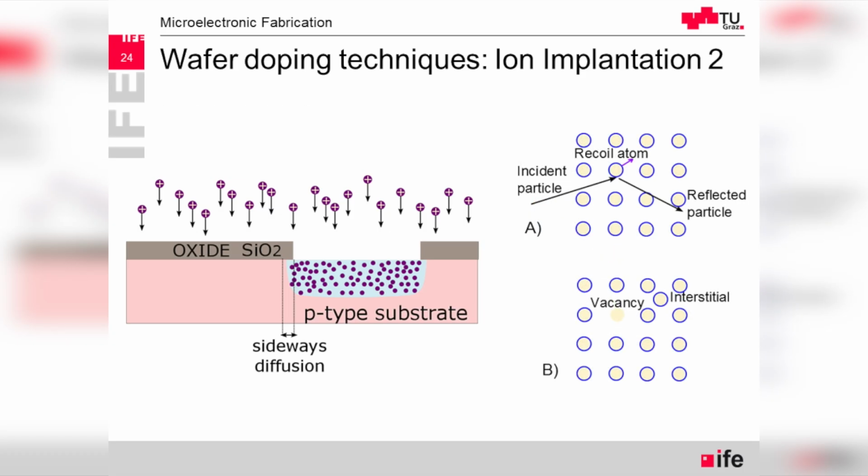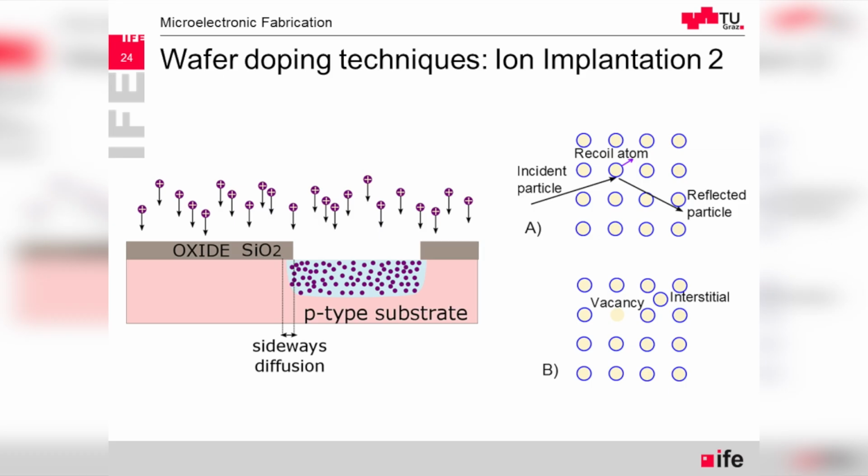Unfortunately, there is an important drawback of ion implantation. It damages the silicon. Silicon is made of atoms that are arranged in a certain structure. We already know about that. And if an ion of certain mass, of certain energy, bombards the surface, it will damage the crystal.